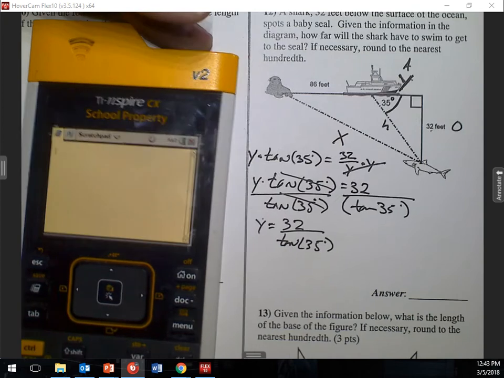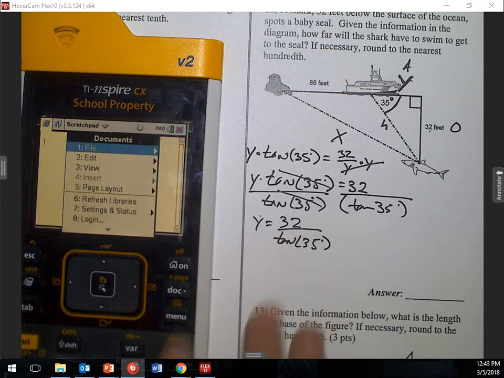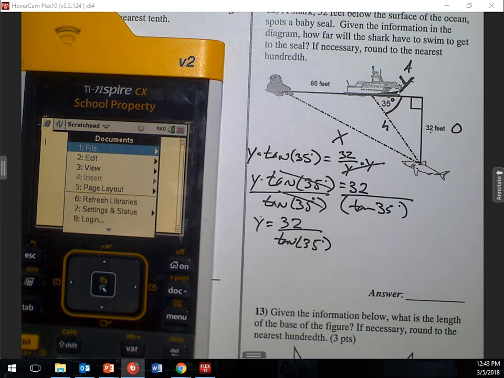Picking up that calculator, what do I got to check? Degrees. I'm going to do it again to show you guys. If it's in radian, I need to double check it. So I put doc, number 7, document settings, number 2.